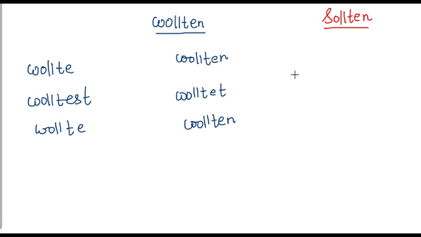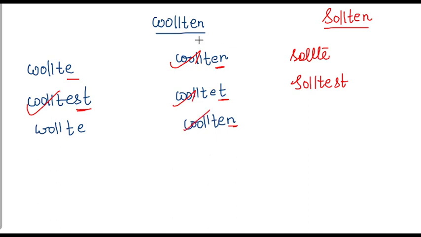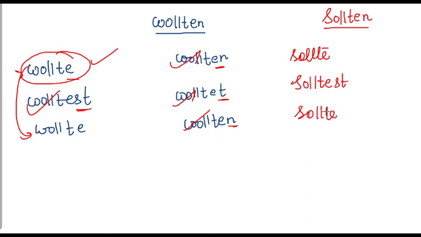So we can conjugate them as well. You should simply keep these endings in your mind. We are providing endings in only these four cases because these two are going to remain the same as their root. So sollte, solltest, sollte. I'm going to write here in sequence, I hope it will be clear to you guys.